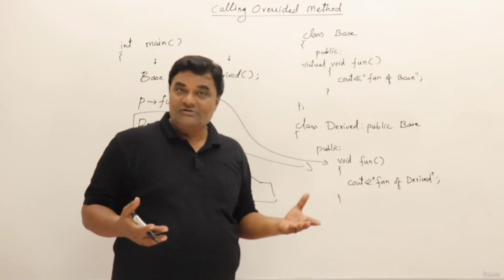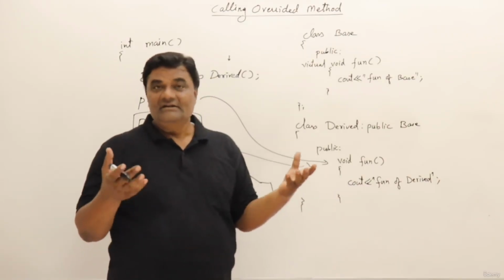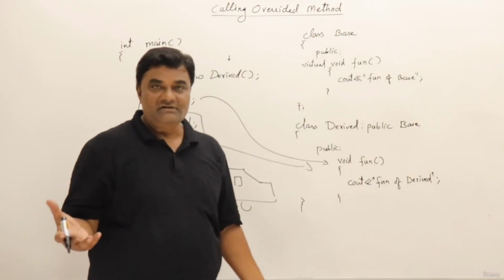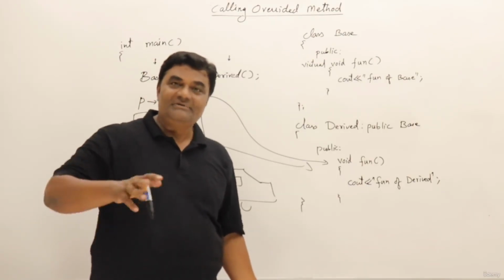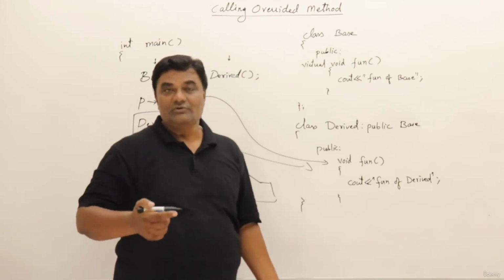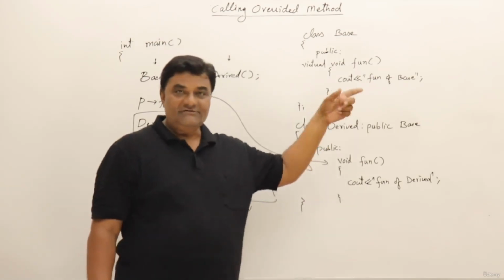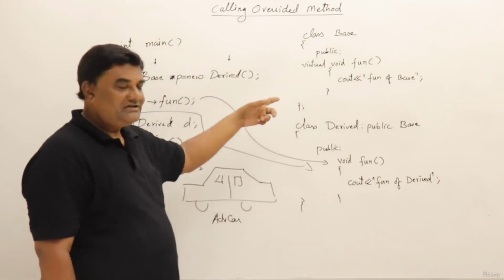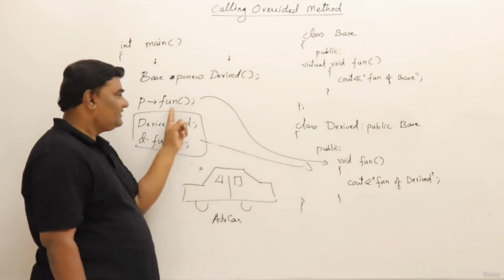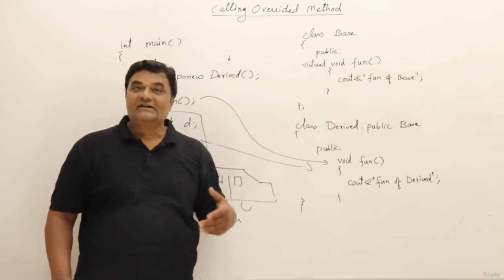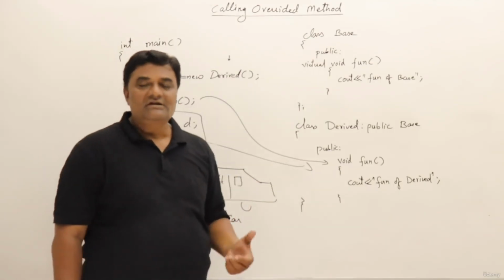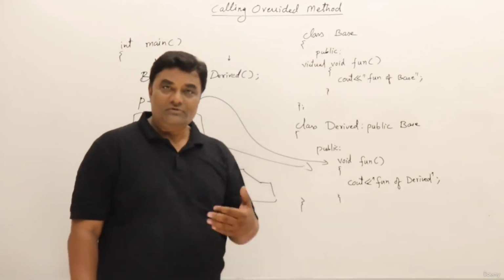Whether he wants to make it virtual or not is the decision of the programmer. Right? So C++ allows both. Non-virtual, that will be called; virtual, this will be called, when it is base class pointer, derived class object and calling this function. This is the concept behind the virtual function and its mechanism. In the next video, I'll show you more about virtual functions.